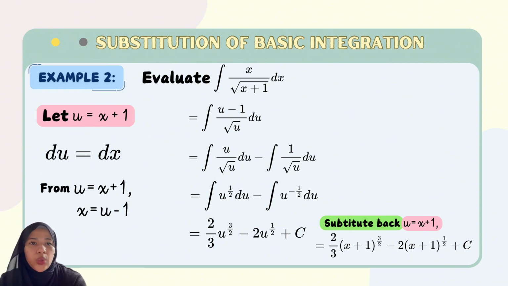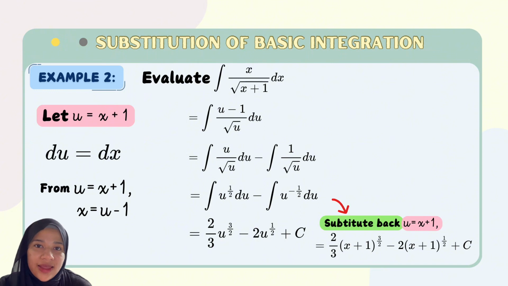After that, we solve the integration. We get 2 over 3 u to the power of 3 over 2 minus 2 u to the power of 1 over 2 plus c.